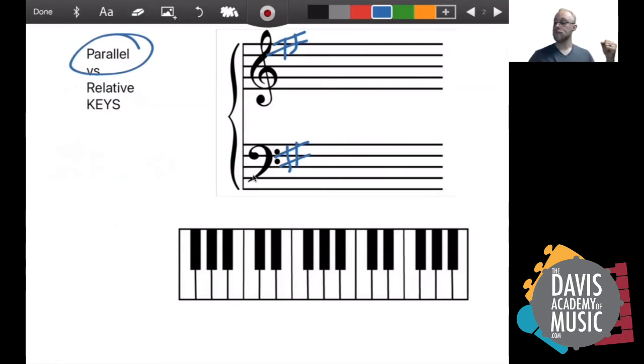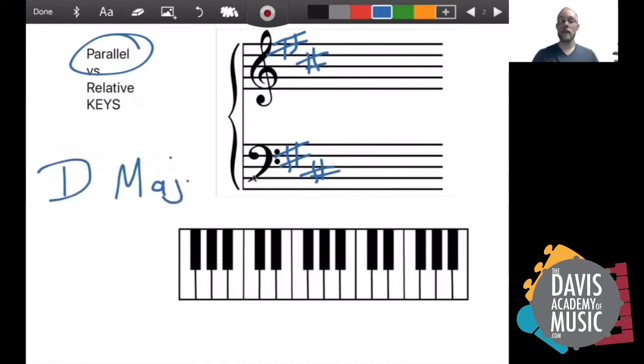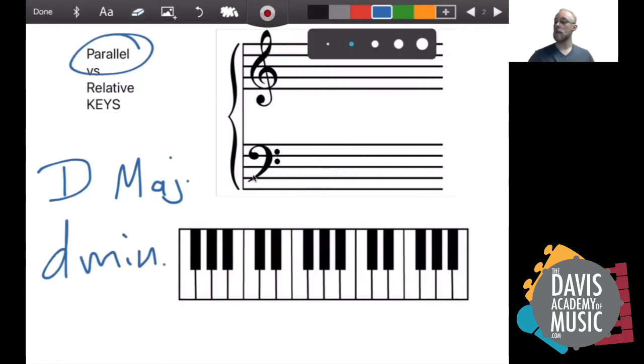So for example, if we used something like two sharps, and we said that this is going to be the major version, D major, the parallel key of D major is going to be D minor, even though D minor has one flat on B. So it's going to be a B flat.